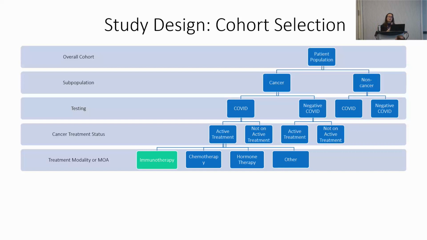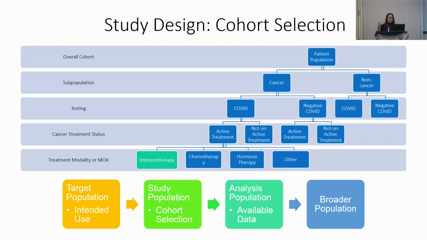So as you work through your attrition diagram to figure out what you're going to ascertain in your question, you start thinking about, okay, if this is my question and this is the population I want to ask it in, how do I get to a data set that's going to be able to effectively answer the question? So this really comes down to what the target population is.